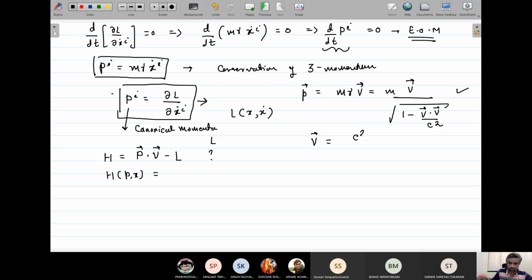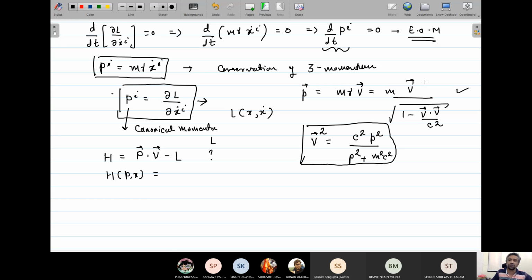First I will write the velocity. What is required is v square, to write gamma: v square equals c square p square divided by p square plus m square c square. You can get this by taking the dot product with p again, you will get v square, and you simplify it. Use this result here and express gamma in terms of p.